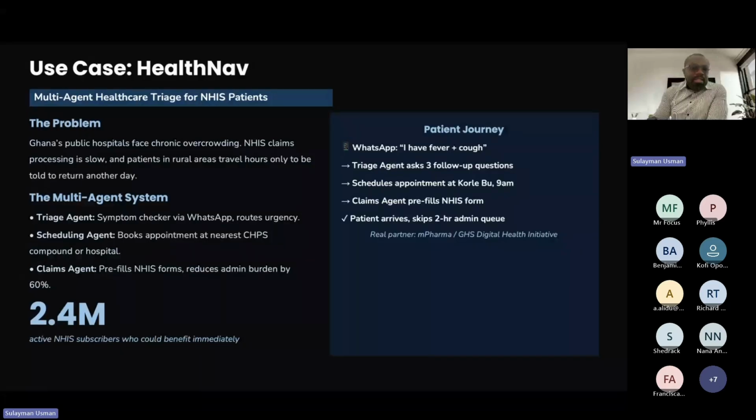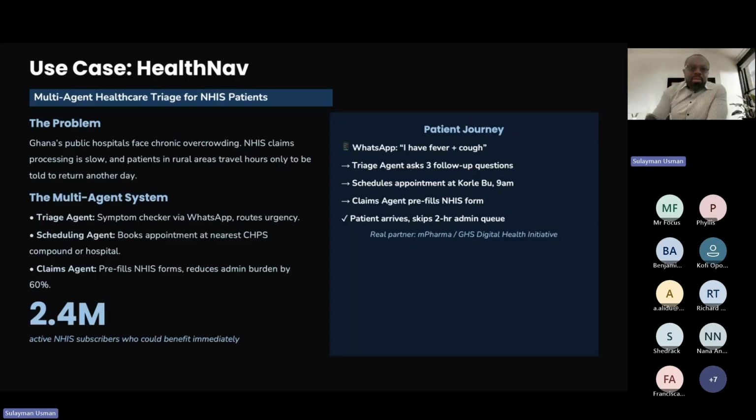Is it something urgent, or something that can be routed for a quick prescription of the right medicine, or do you really need to see a doctor?